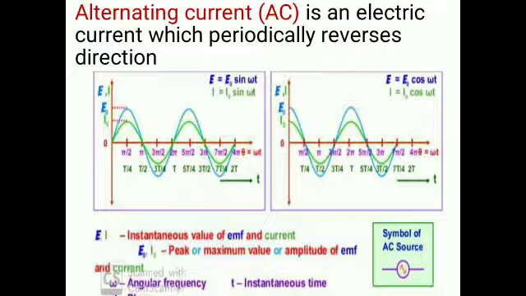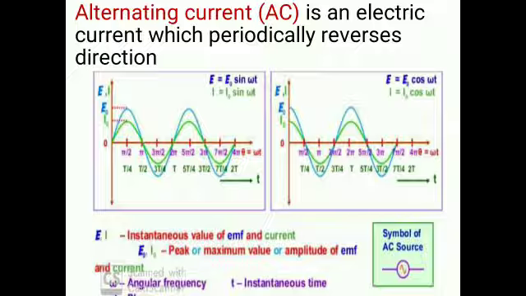Now we can represent alternating EMF and alternating current by the functions of either sine or cos. Both representations are shown in the figure.